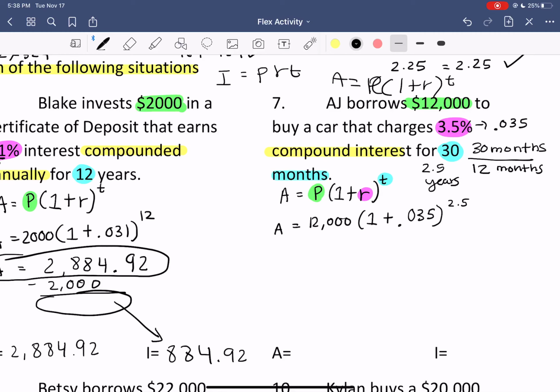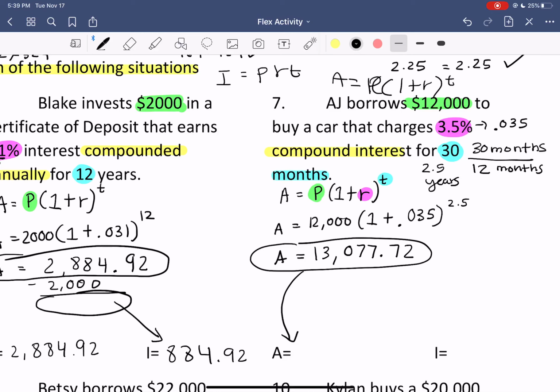So when we do that, we get 12,000, parentheses 1 plus 0.035 raised to the 2.5 power. And then we come up with $13,077.72. So this number here is our total amount, and that goes here.